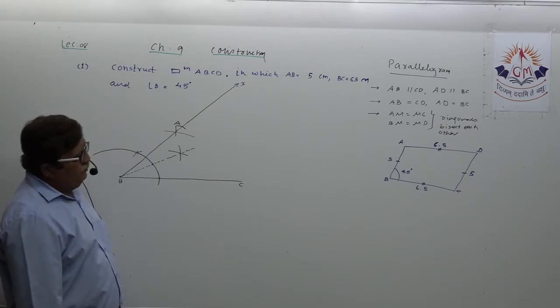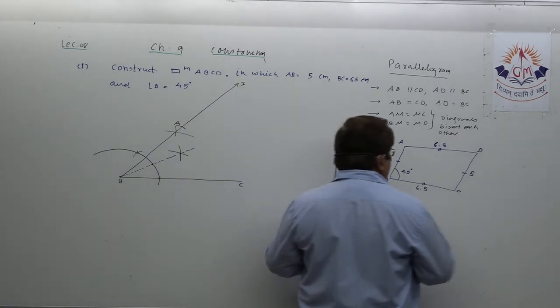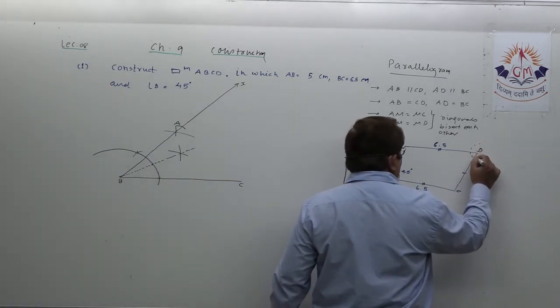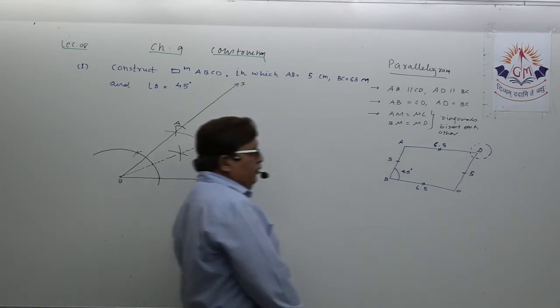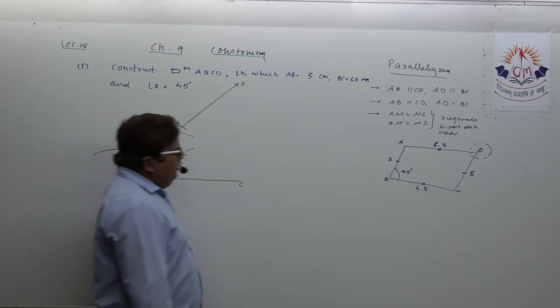Now student, your target now remains to obtain point D. How can you obtain point D? Can you see one thing here?